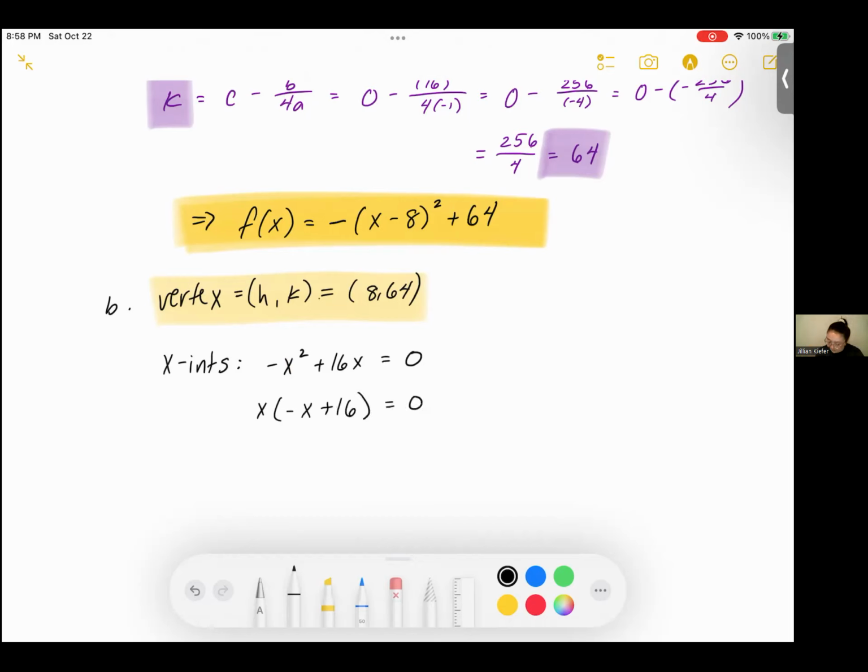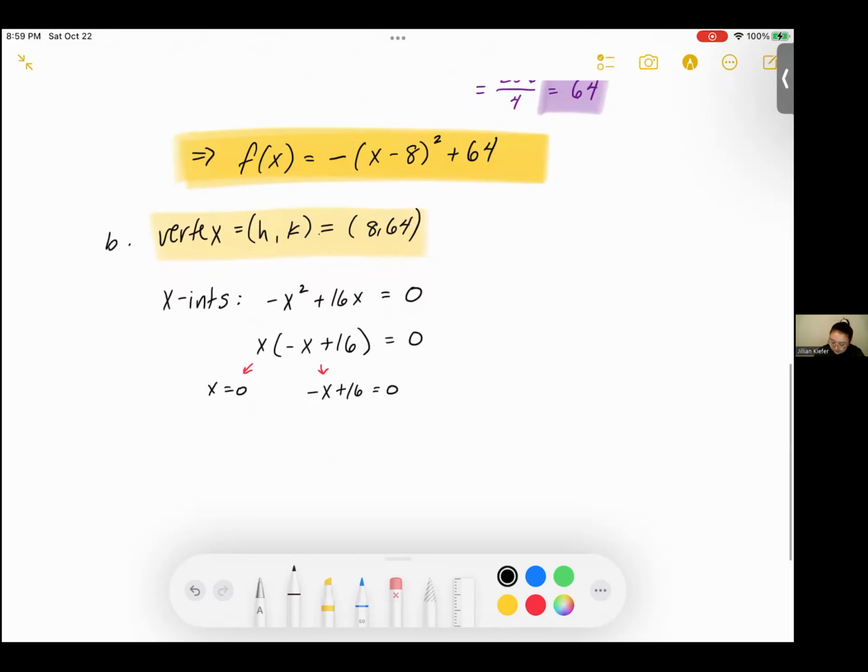equals 0. And then if either one of these, the x or negative x plus 16, were equal to 0, the whole thing would equal 0. So you would take them each separately and set them equal to 0. So for the one on the left, x equals 0, well, that's done. x is equal to 0. And then the one on the right, we've got negative x plus 16.